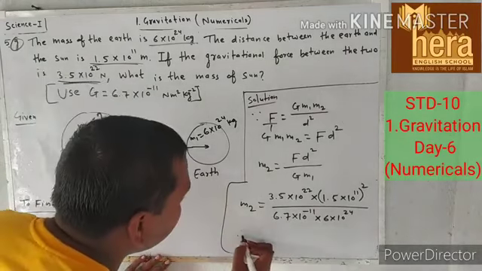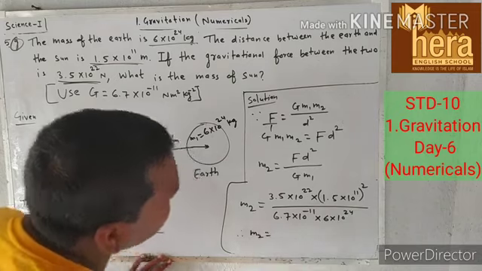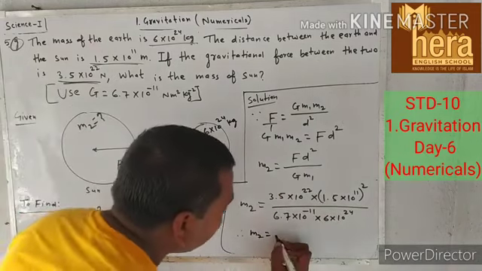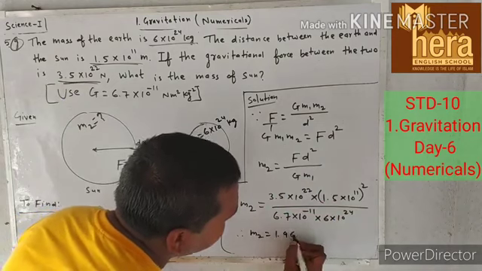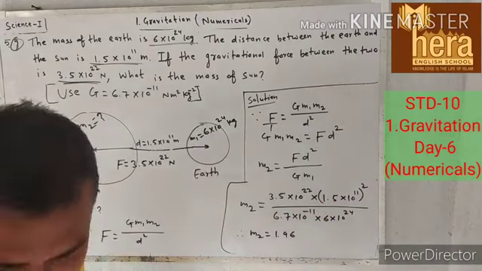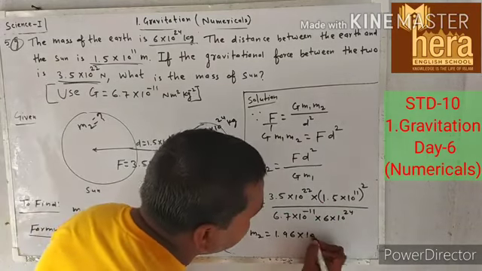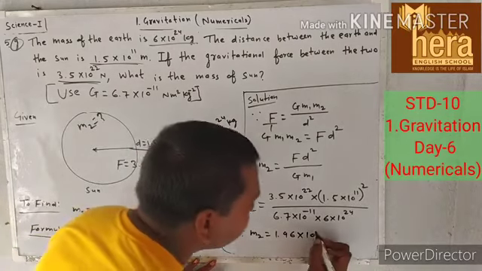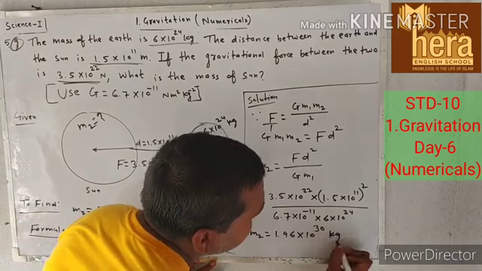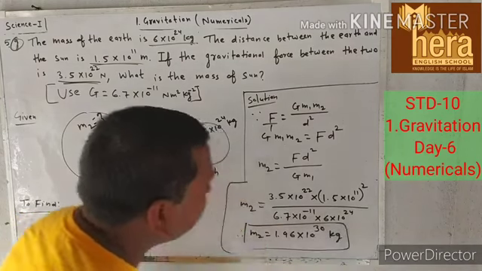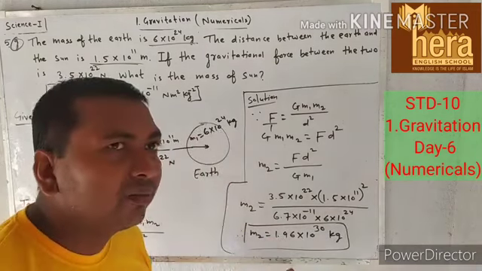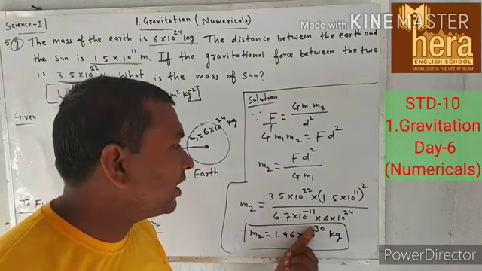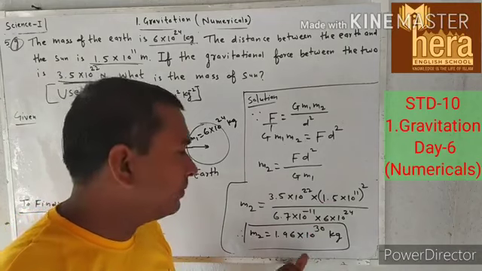If you solve this, you will get approx 1.96 into 10 raised to 30 kilogram. If your answer comes 1.87, that is also correct, because 10 raised to 30 is a very huge number.